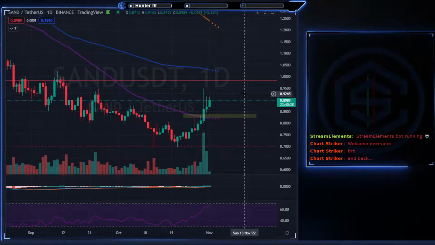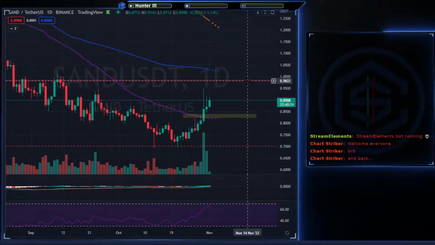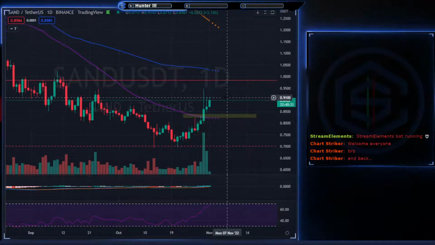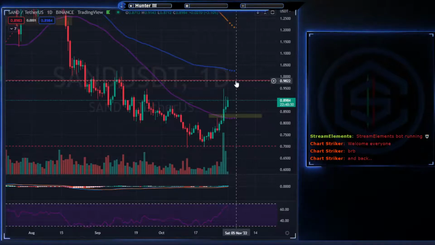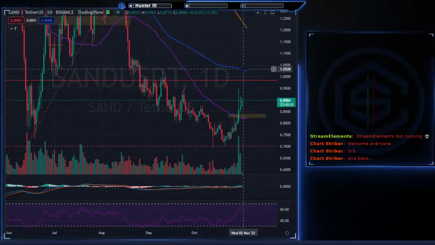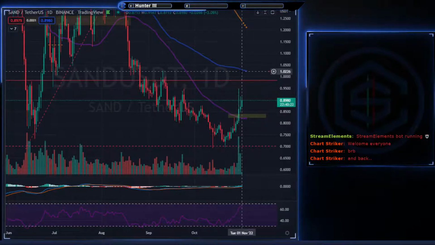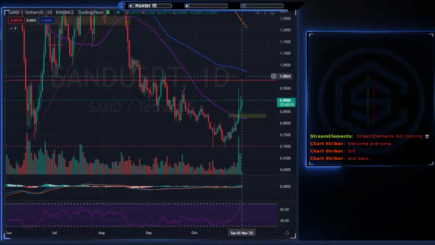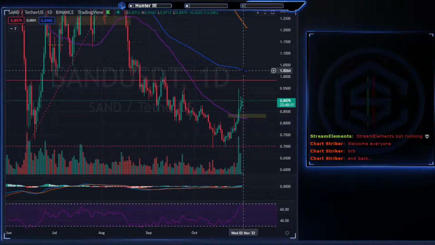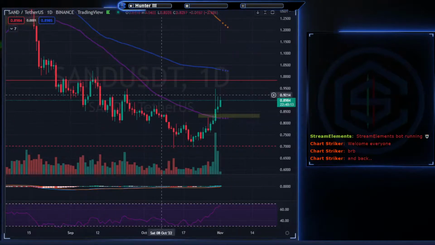sand, we do have major resistance, like major resistance around 0.92. Okay, first one. And the second heavier resistance would be around, let's see now, $1. Around $1, guys, okay? Yep, around $1.